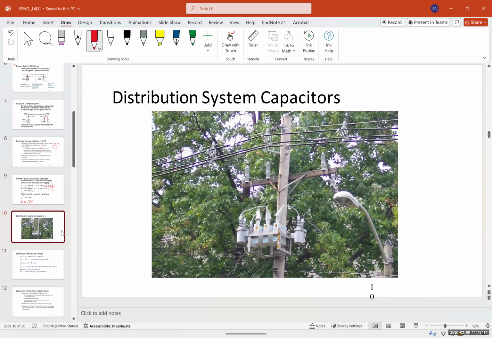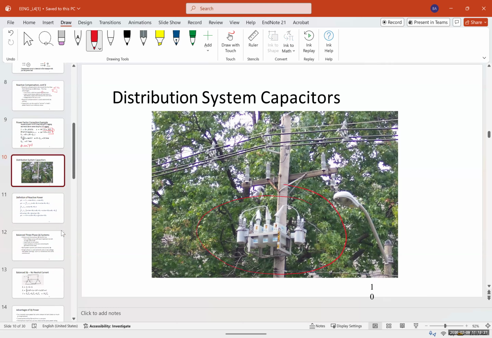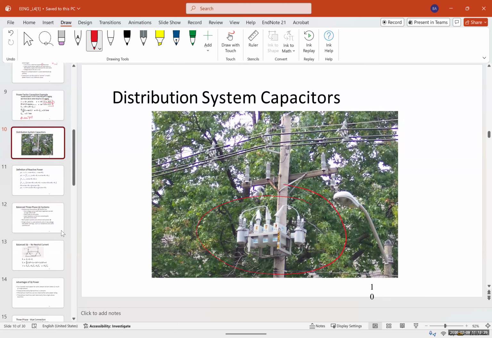Now, in power grids, power systems, we usually have distribution system capacitors, which you can see an example here. They come in different shapes and sizes, by the way.